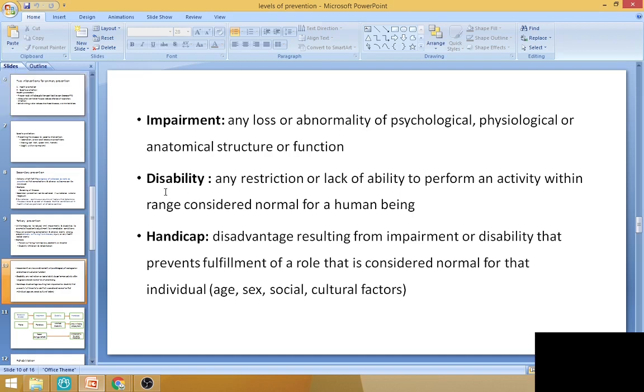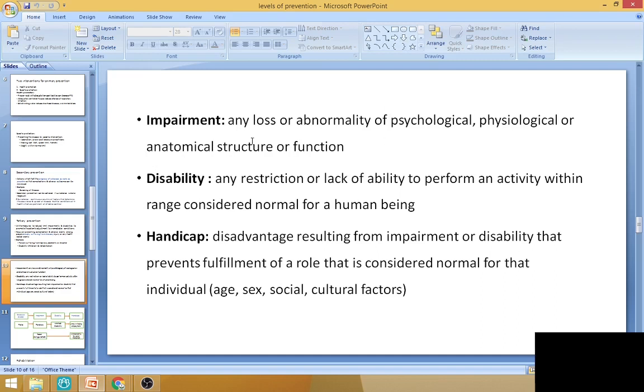Handicap means the disadvantage which is caused because of either the impairment or the disability, in what is considered to be normal for that particular individual. If we consider that he should be able to perform but he is not able to perform, we call it handicap. So here I have given a scenario that a truck driver met an accident and he lost one of his lower limbs. So, losing one of the lower limbs is an example of impairment.